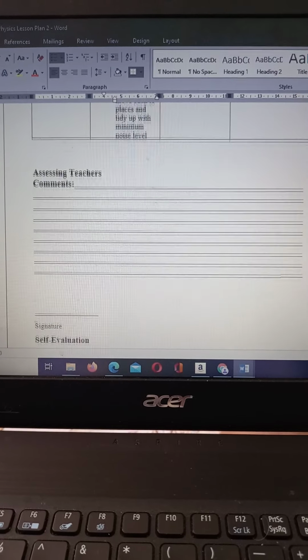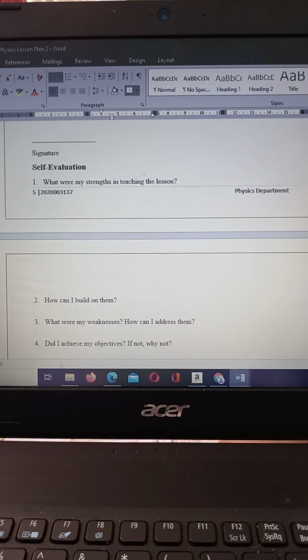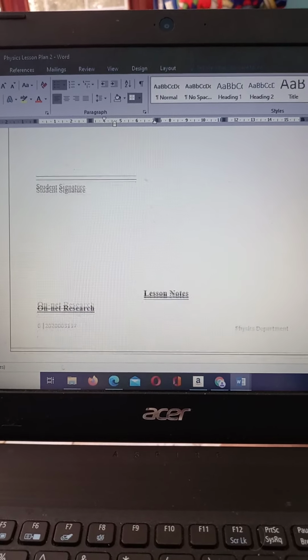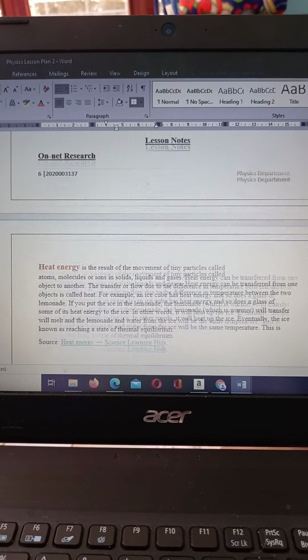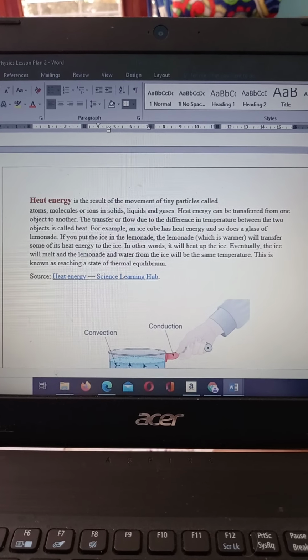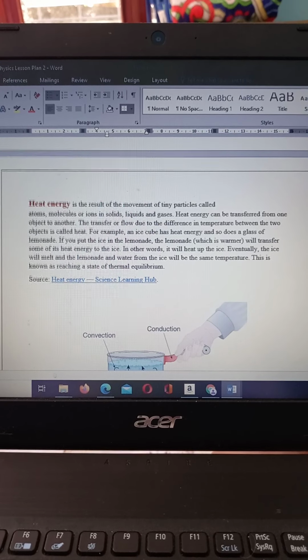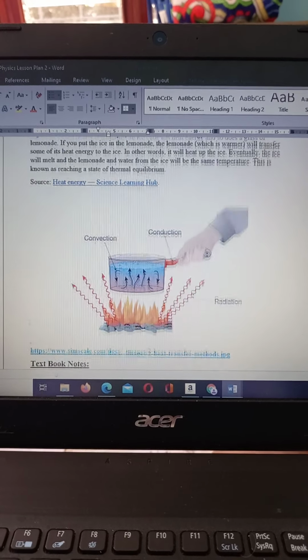Those are my assessment, self-evaluation, and then my lesson notes. My lesson notes, that is heat energy, based on the internet, my research topic from there.